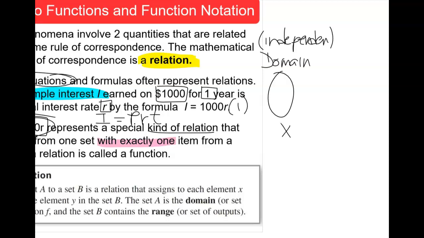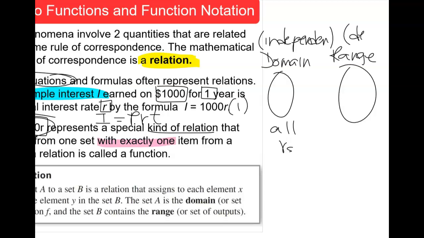Typically, we see the x values, but for this problem, the independent quantity or variable will be the rate. So all r's. And the other set will be the range. And the range represents the set of the dependent values. And so here will be the interest.